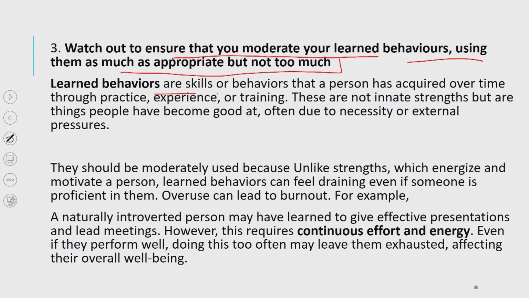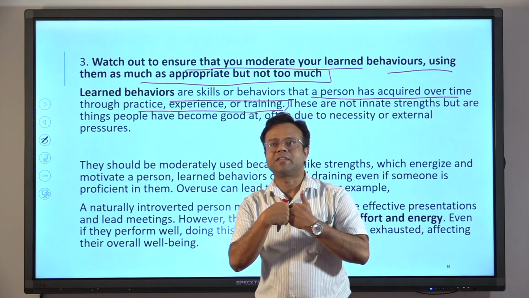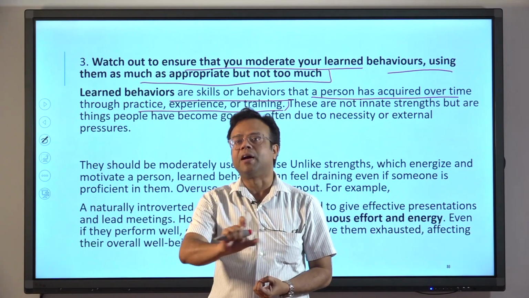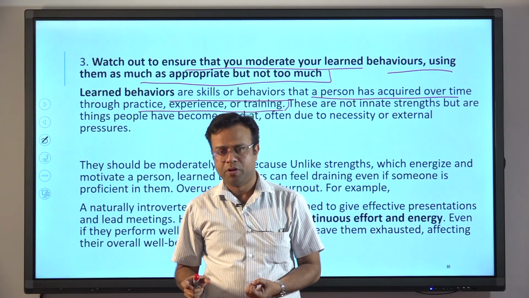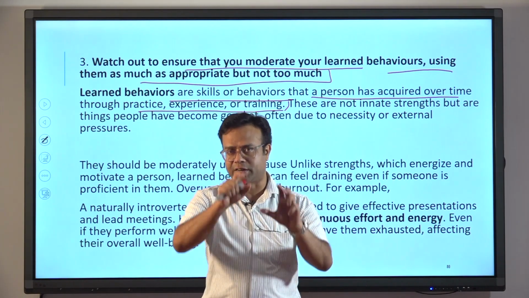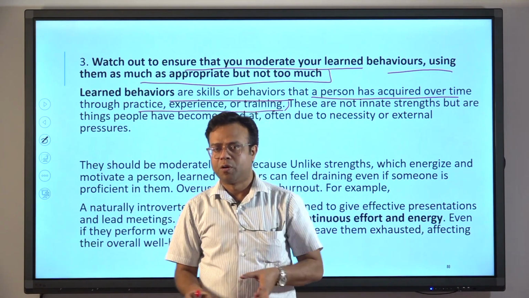These learned behaviors are skills or behaviors that a person has acquired over time through practice, experience and training. Many times we may not have certain strengths or skills naturally, but people learn them because it is required in a job. Even though they may not have natural talent for it, they learn it because it is required in certain life situations or in a job or profession.